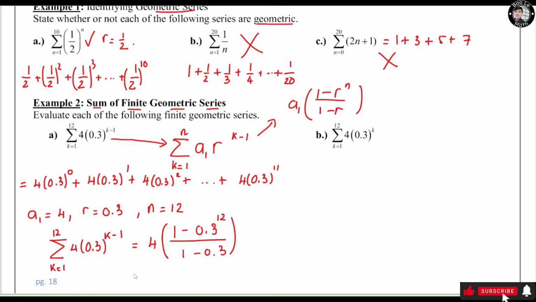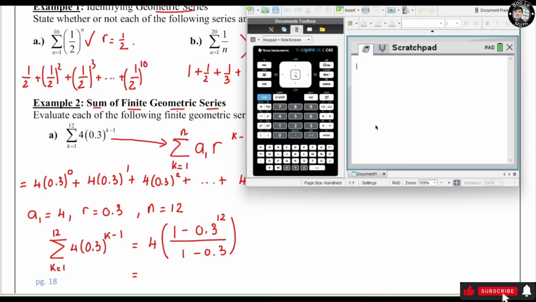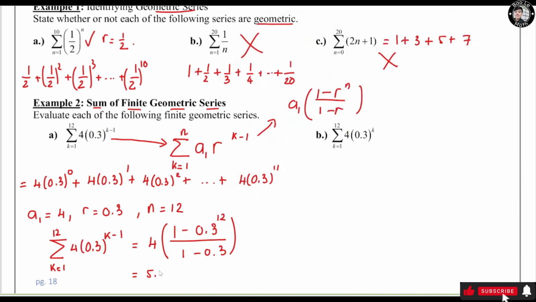So we're going to bring up the calculator. Press calculate. So we have 4 times, hit the fraction, 1 minus 0.3 raised to the 12 over 1 minus 0.3, and then press Ctrl Enter. It's going to give you the value of 5.714.